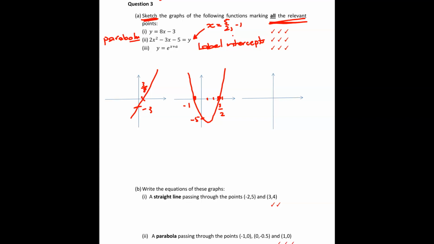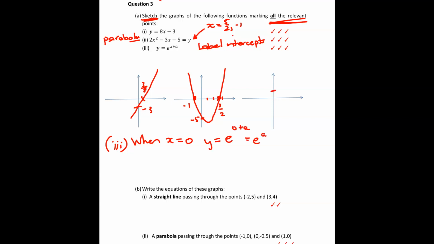The next question, part 3. Now, when you're finding these relevant points, when you're finding the intercepts, one of them is when x equals 0. So when x equals 0, y in this case equaled e to the 0 plus a, which must have been e to the a.